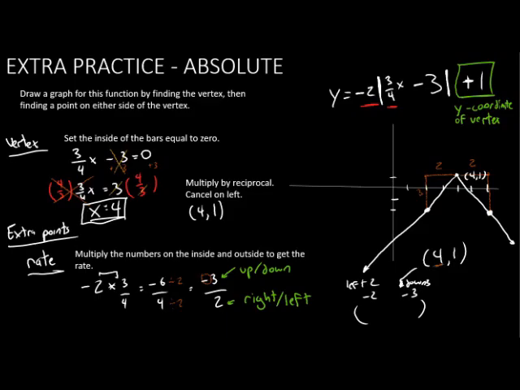If we take 4 minus 2, this will give us 2 for our new x. And then if we take 1 minus 3, this will give us negative 2 for our y. That's the location of our left point. We can do the same on the right side. On the right, we went right by 2 and again down by 3.